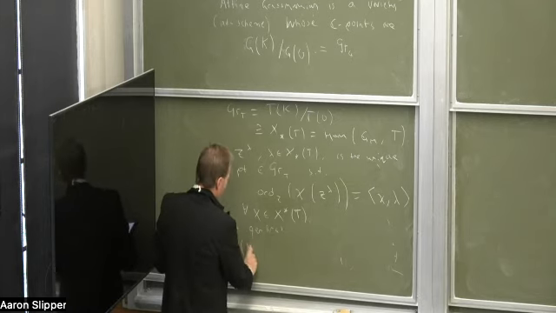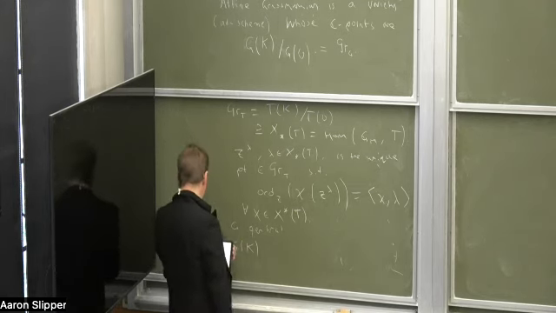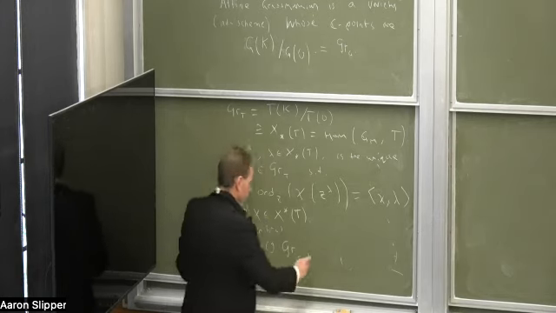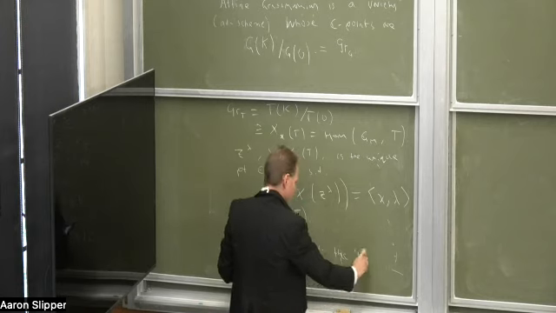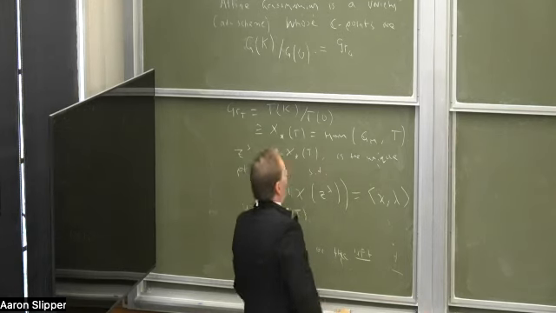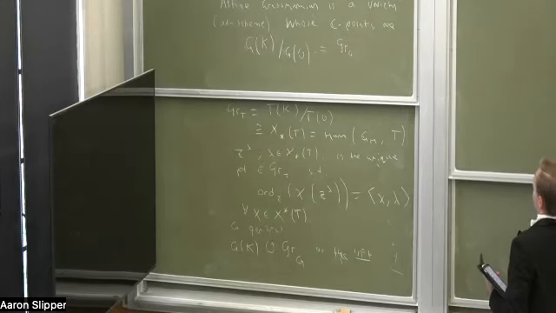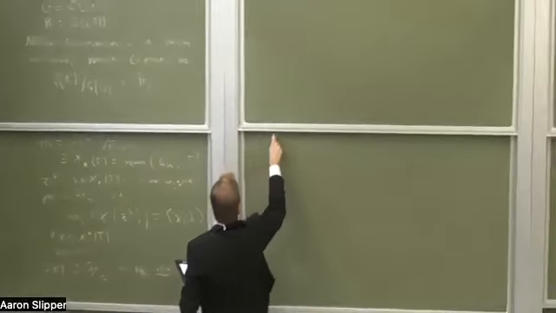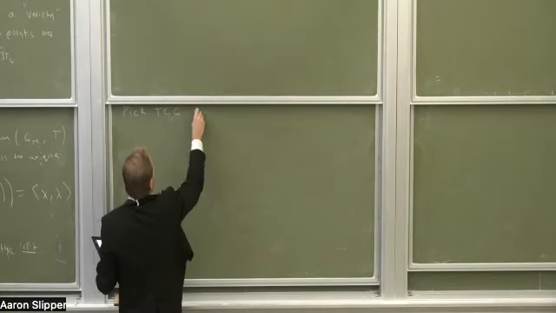Note that G_K, this is a group whose C points are the K points of G, acts on the affine Grassmannian on the left. All right, now we're going to pick T in G a maximal torus.